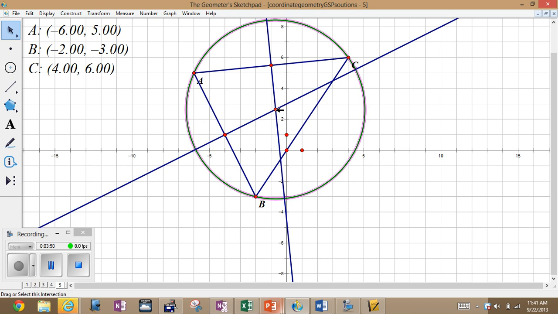So there's the center of my circle, and of course the radius of the circle would be drawn from the center to any one of the points.